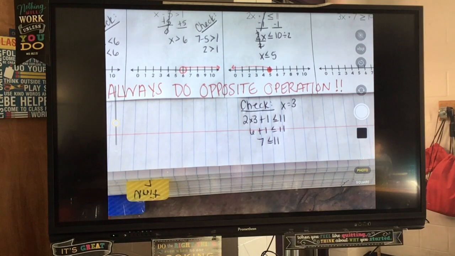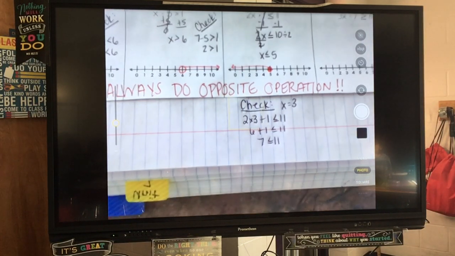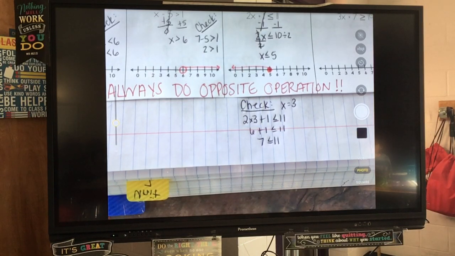Right. Perfect. So Addie said because there could be multiple solutions for it, so it's not just one, it's a set of numbers. And your answers are infinite to the 5 or below, so you can go on forever as long as it's 5 or below. Does that make sense?